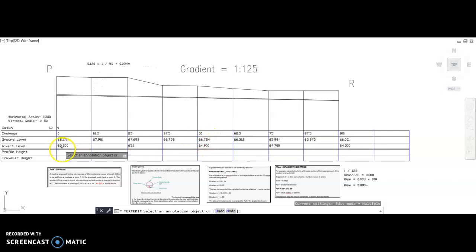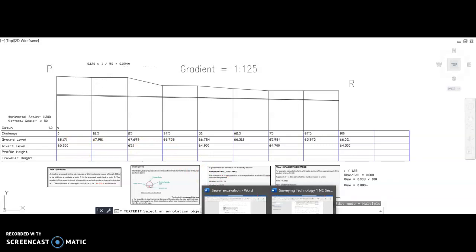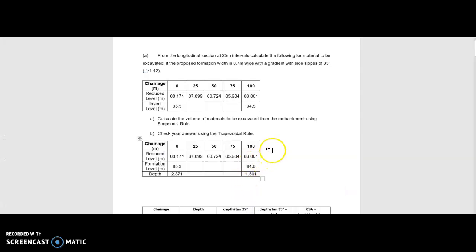Now, they're going to be important because you're going to need those to move to the final part of this calculation, and we're going to do it on this sheet. From the longitudinal section, at 25-meter intervals, calculate the following for material to be excavated if the proposed formation width is 0.7 meters wide with side slopes of 35 degrees.